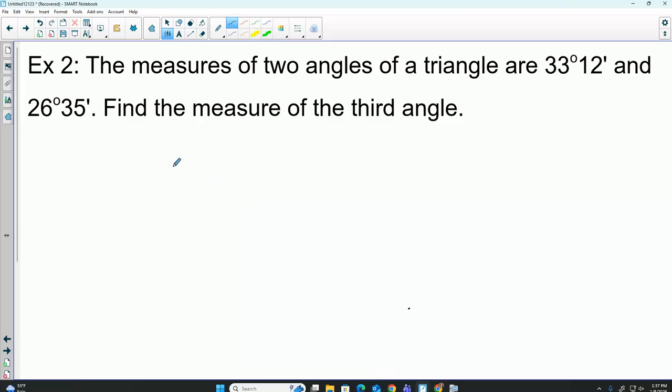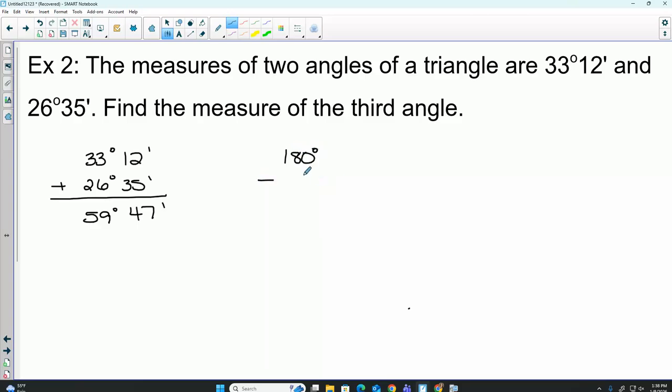So you're not subtracting with three numbers, I would probably add these first, just to make life a little bit easier. So if we add our minutes, we get 47. Add our degrees, we get 59. And then we can subtract that from 180.